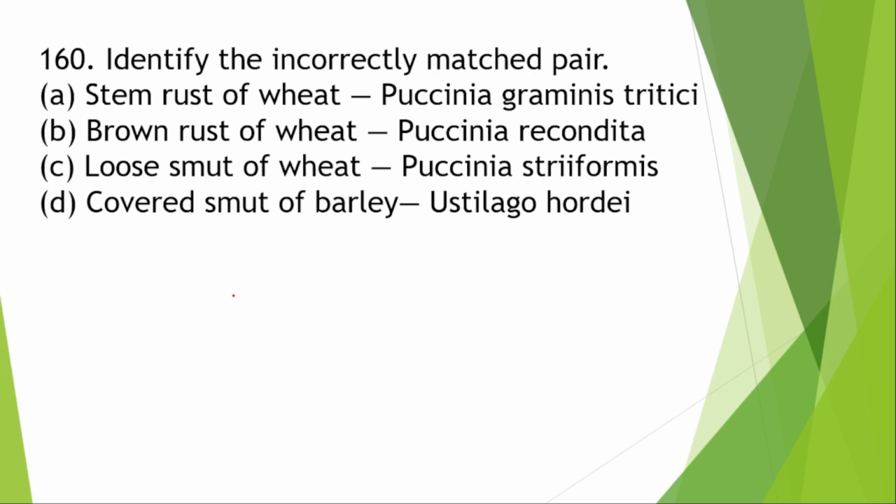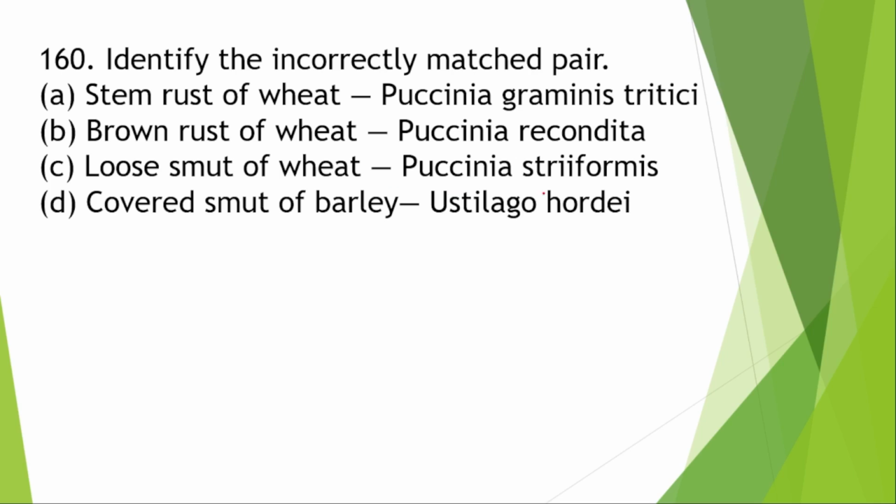160. Identify the incorrect matched pair. Stem rust of wheat, Puccinia graminis tritici. Yes, this one is correct. Brown rust of wheat, Puccinia recondita. Yes. Loose smut of wheat, Puccinia striiformis.